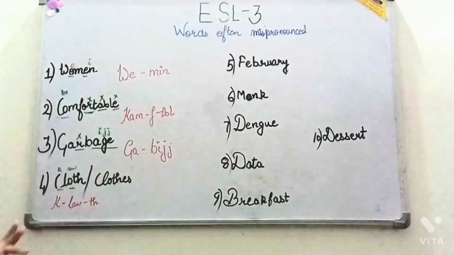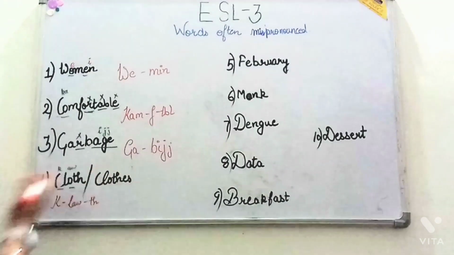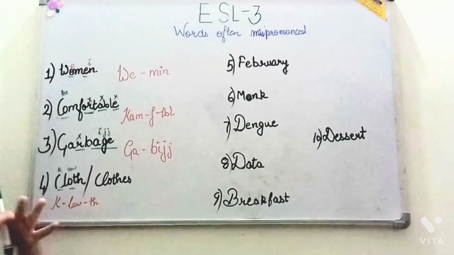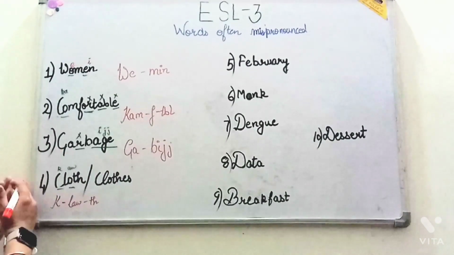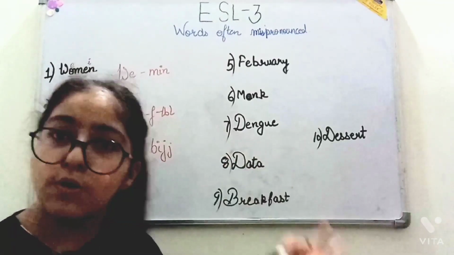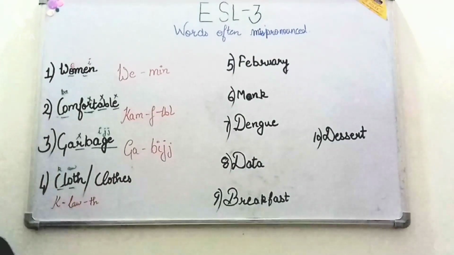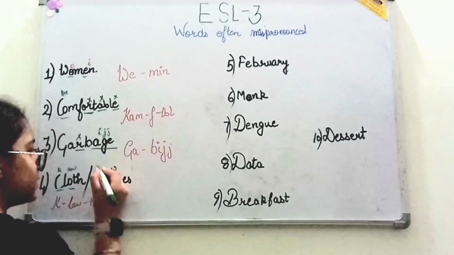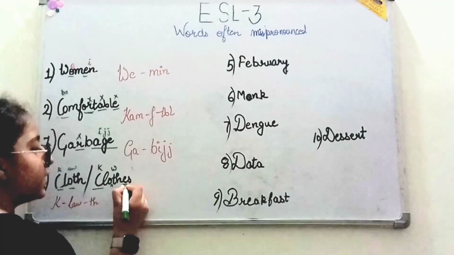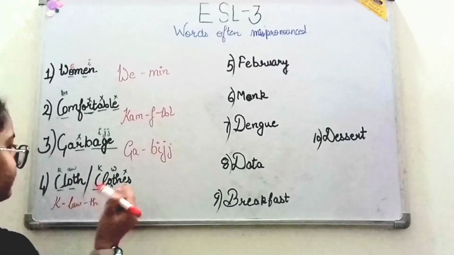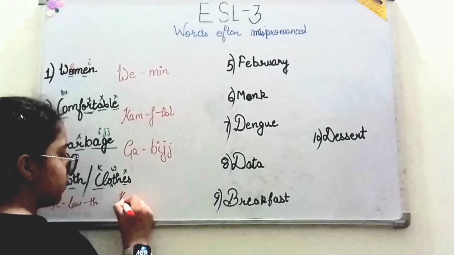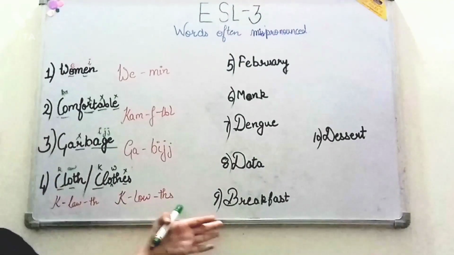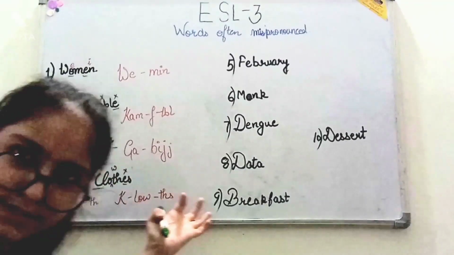Next is this one, which we also pronounce wrong. We call it cloths, which is incorrect. It is clothes. The rest is the same, but here we are going to add a W. Instead of C, we are going to use K, and here the E will not be pronounced. So it will be clothes. Cloth and clothes.